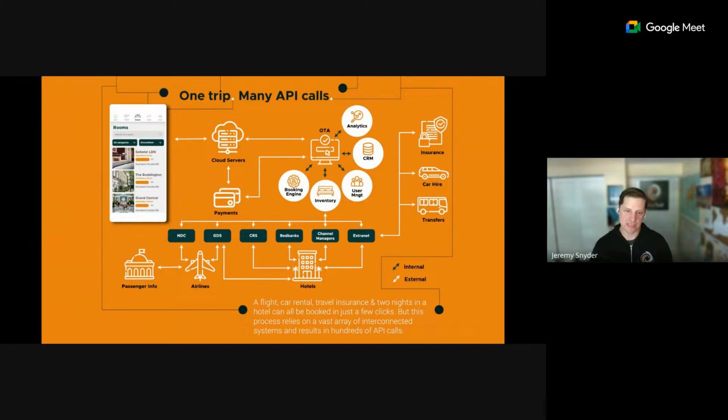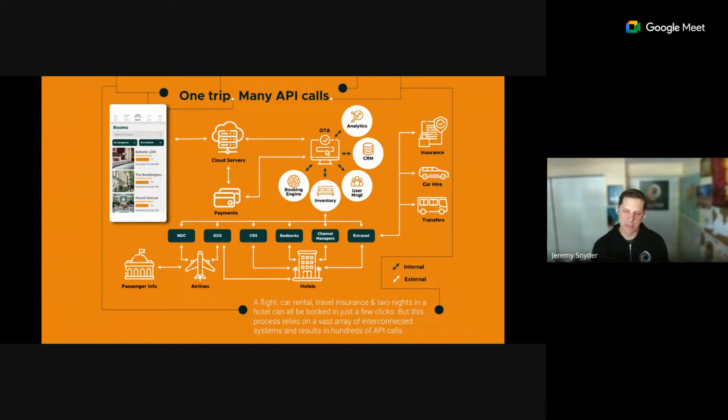The travel industry is a hyper-connected example of a fragmented space with many providers who fill particular niches and services, and they're all connected to each other over API calls. So when we go through building this itinerary, we'll literally be in the hundreds of API calls back and forth between the providers to do things like look for flights, flight pricing and availability, book the flight, book seats, add meal requests, add luggage, add travel insurance.